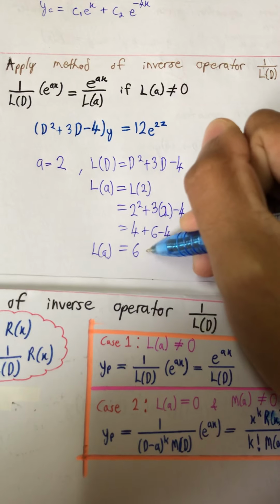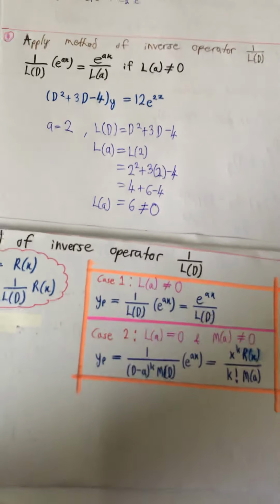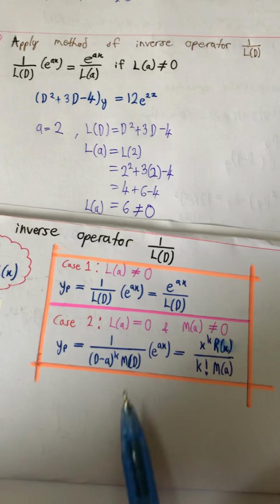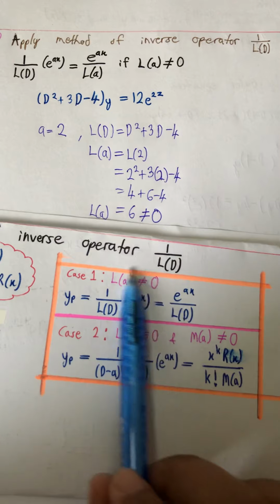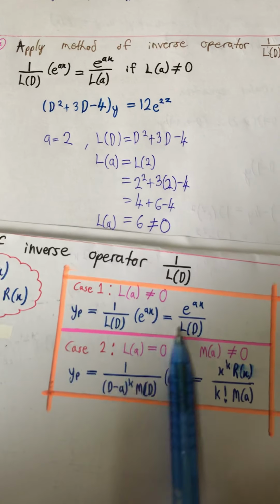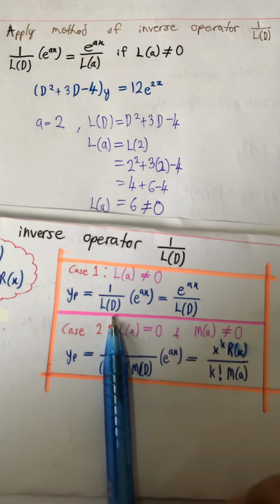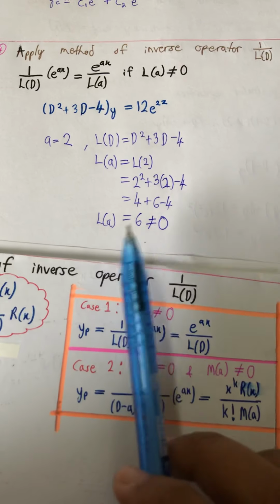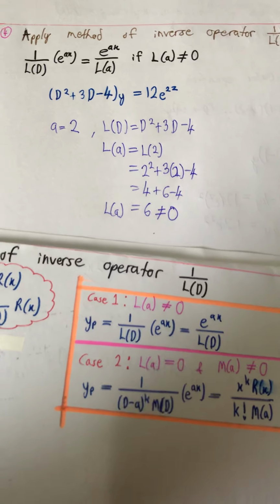Since our L(a) is equal to 6, which is not equal to 0, we need to proceed with case 1. So we just use this formula to solve and find our yp, because our L(a) is not equal to 0.